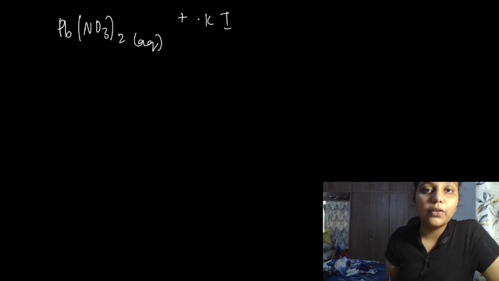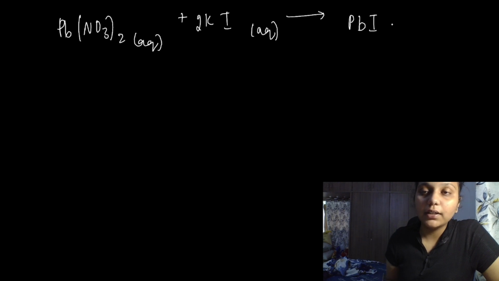Lead nitrate Pb(NO3)2, which is in aqueous form. Okay. And KI. To balance it, I write it 2. Okay. So that is also in aqueous form. When it reacts, we will get PbI2, which is lead iodide. Okay.